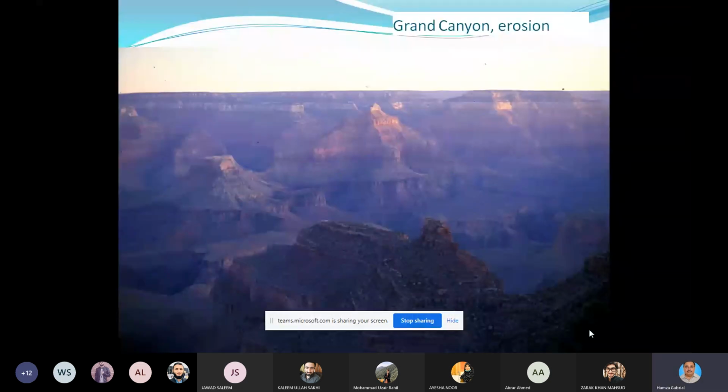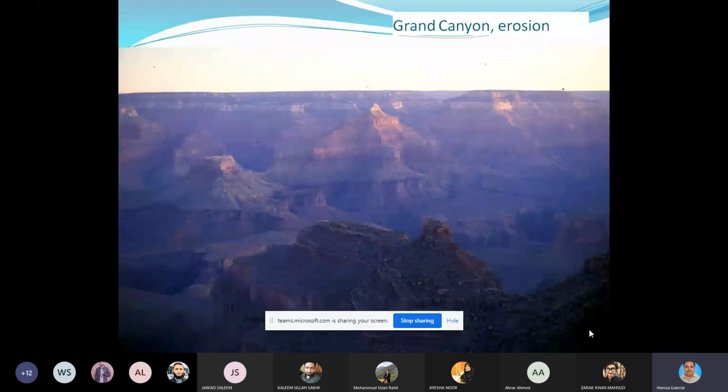Now coming to the rivers, as we have studied, the rivers originate from the mountainous area where they cause erosion, and they cut their base and their banks in order to widen their channel.